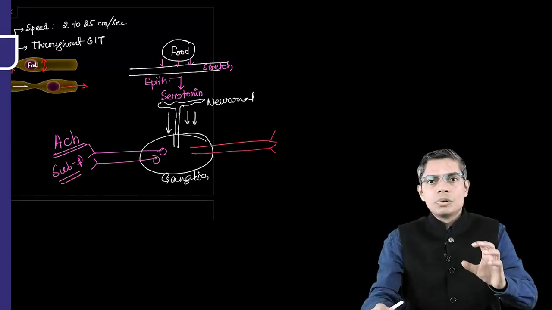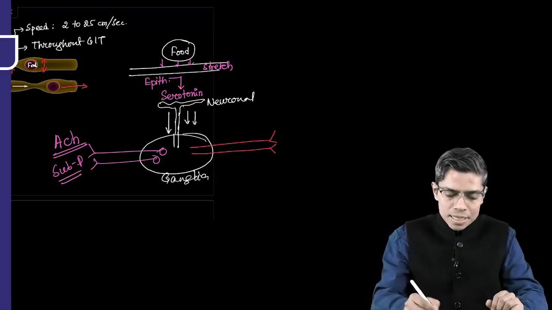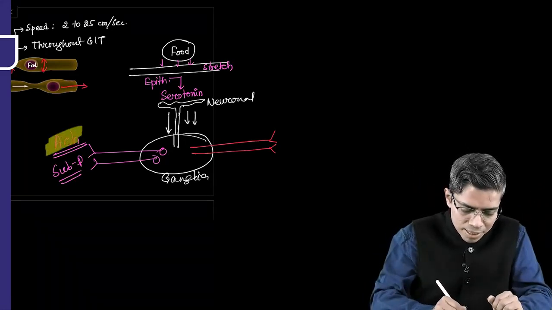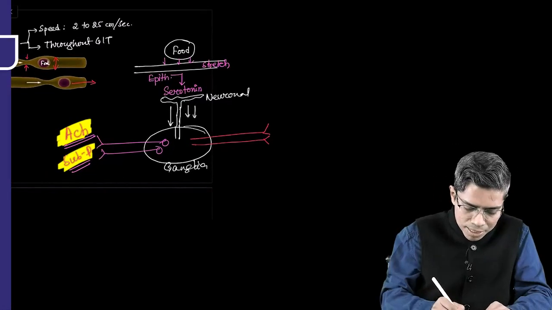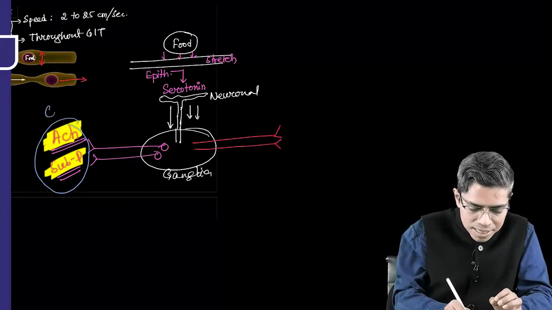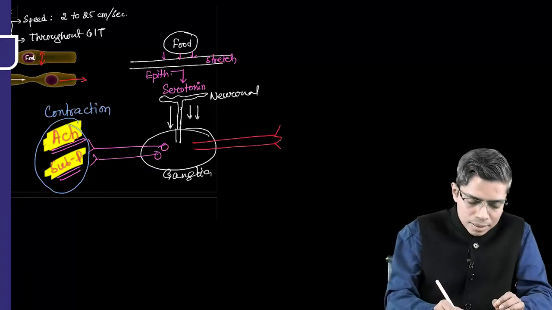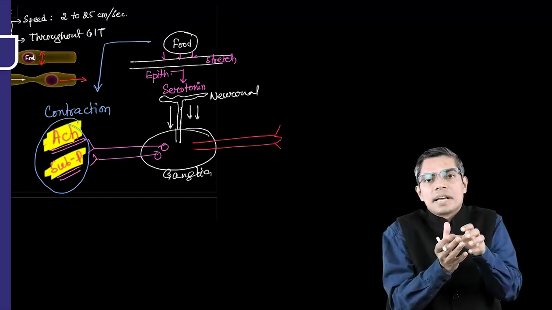We all know that in the presence of acetylcholine and substance P, there will be contraction of the smooth muscles of the GIT. So that's why proximal to this food particle, the GIT will contract.